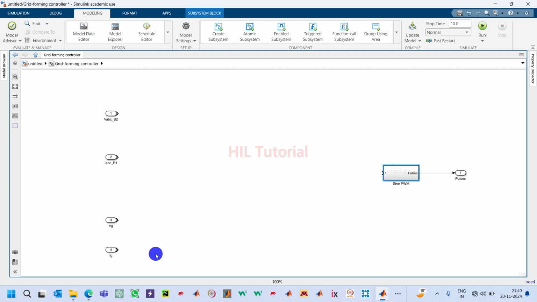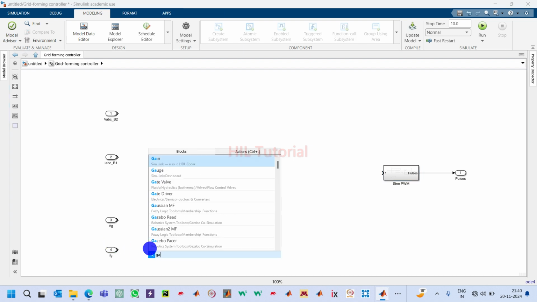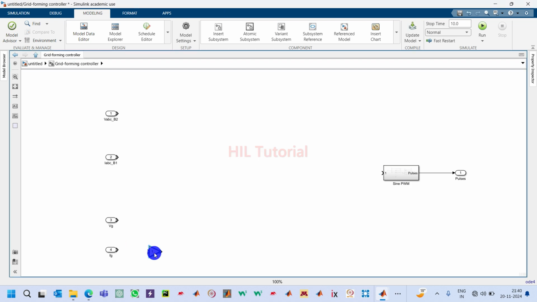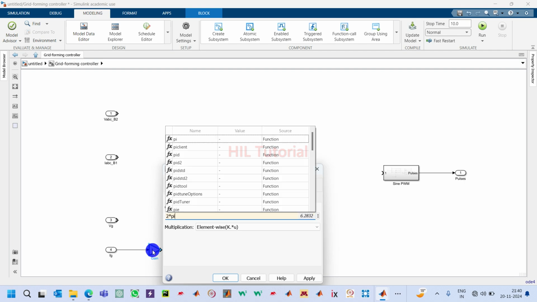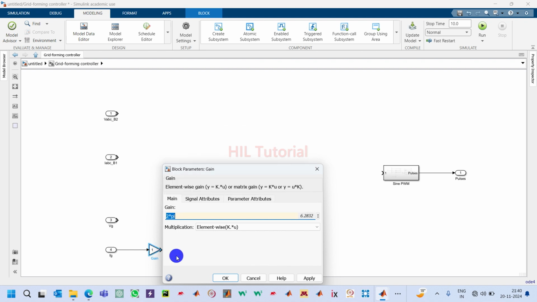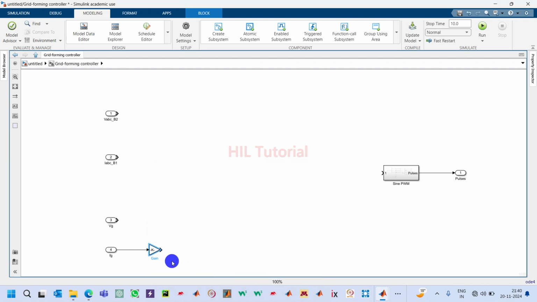For that, take one gain, and try to understand this, it is a very important concept. We will convert it into radian per second. So you can give 2 star pi, since 50 hertz is coming, and it becomes a frequency in radian per second.